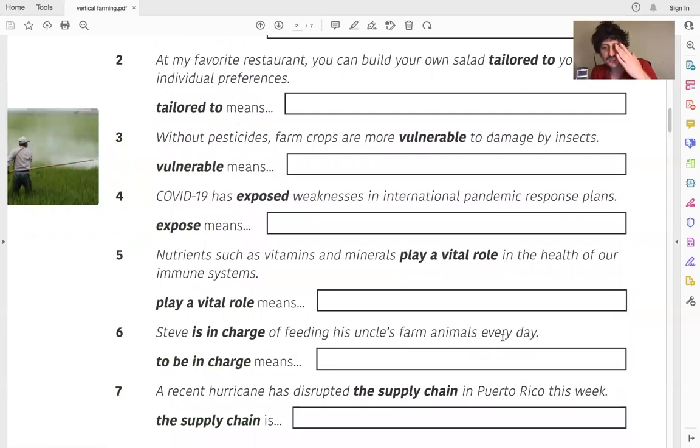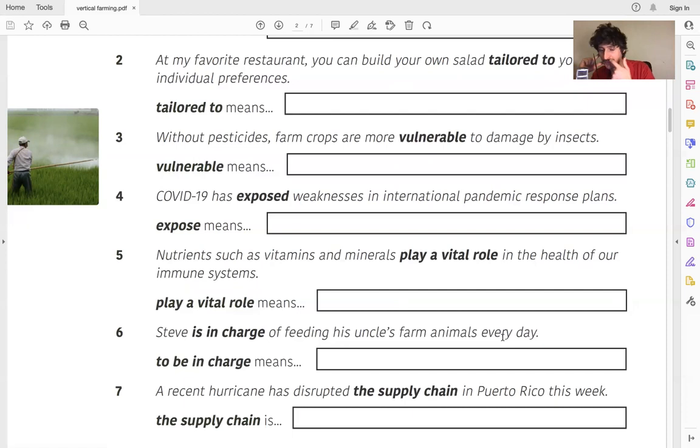Okay, a recent hurricane has disrupted the supply chain in Puerto Rico this week. Okay, so a recent hurricane has disrupted the supply chain. The supply chain is basically how things, typically products, but maybe raw materials, get to different places.